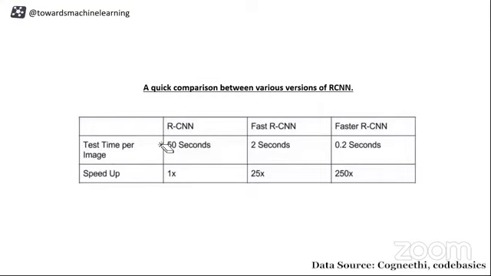With the intelligent tool of selective search, we still required 50 seconds for RCNN. Fast RCNN reduced it to 25x faster, about 2 seconds for an image. Faster RCNN reduced it to about 250x faster, 0.2 seconds per image.